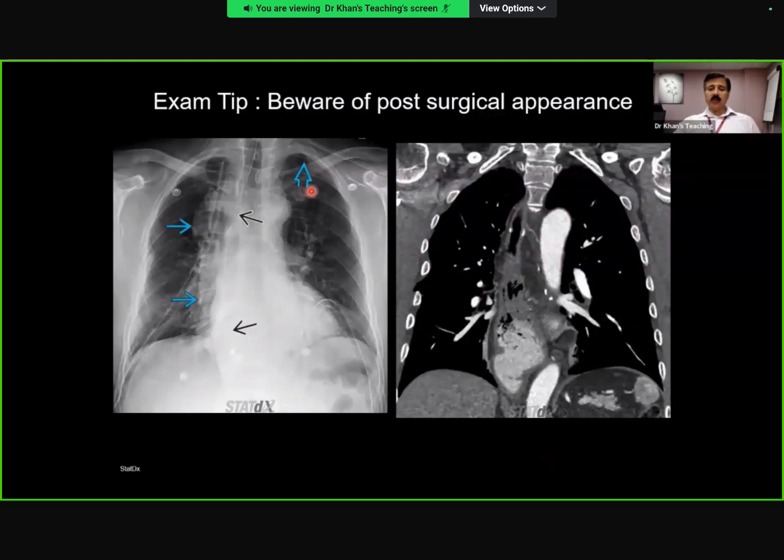And similarly, in the stomach module, I will show you Billroth 1, Billroth 2, etc., which have come in the exam. They might show you a plain film like this, in which you will say, oh, there's a mediastinal mass and things like that. And there might be some stigmata or some evidence to show that this is post-esophagectomy. And you will be stretching your imagination, what can it be? And actually, it's simple, post-surgical. So this is an exam tip to remember.